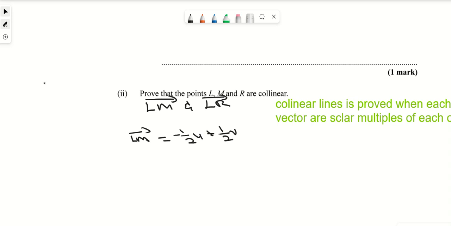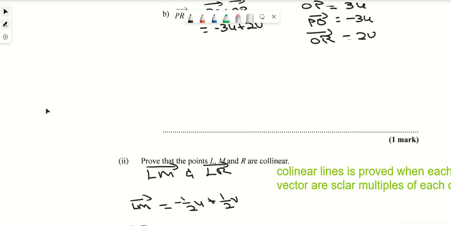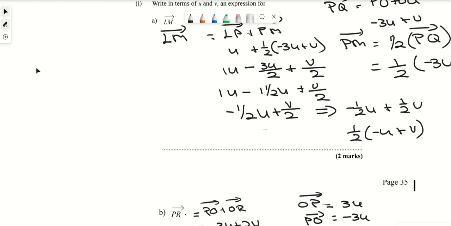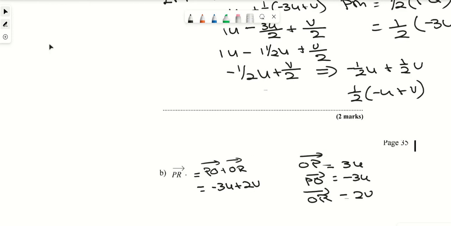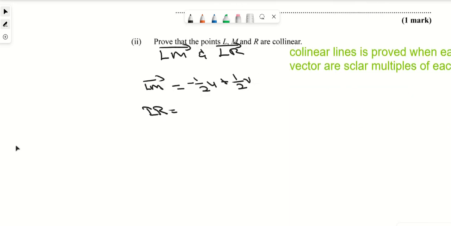And then we have to get LR. Now LR is equal to, if we look at our image, let's see what is L and what is R. Sorry, we're going from L to O, so LO plus OR, right?